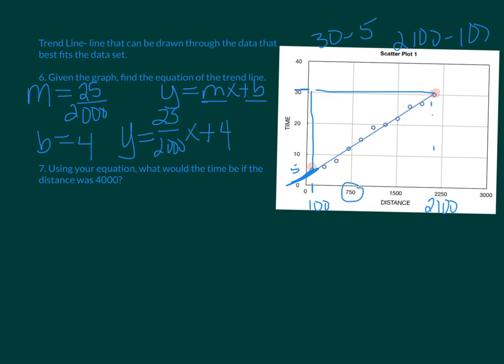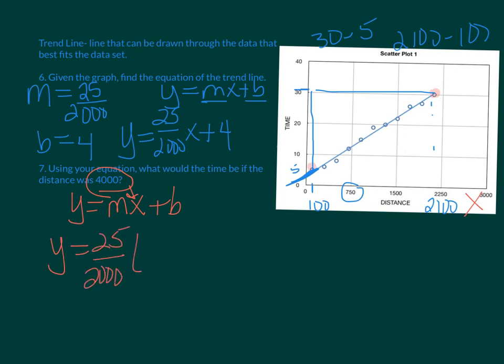Okay, now the next question says using your equation, so make sure you use your equation, don't just look at the graph and guess. What would the time be if the distance was 4,000? So we're talking about distance, which again is my x value. So I'm going to replace my x with 4,000. So I have y equals, I have 25 over 2,000. Now instead of x, I'm going to put 4,000 plus b, which is 4.